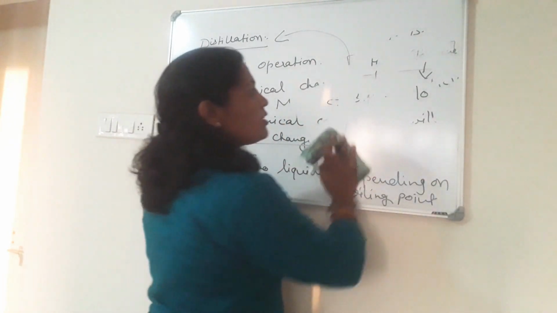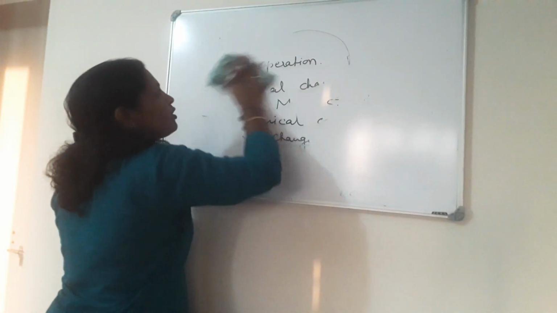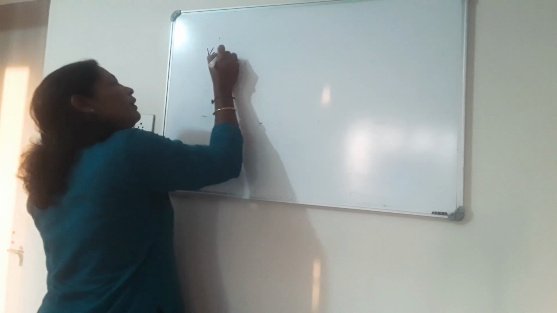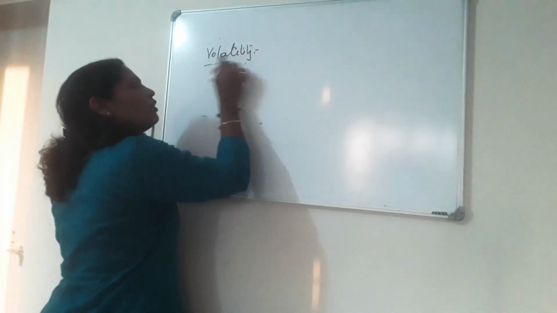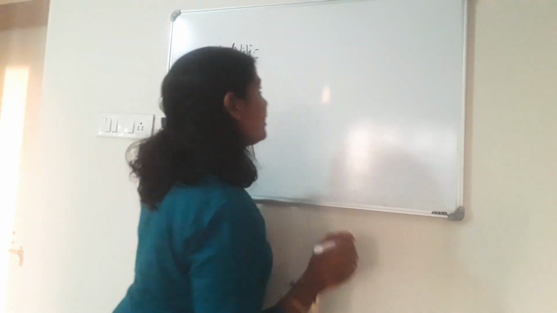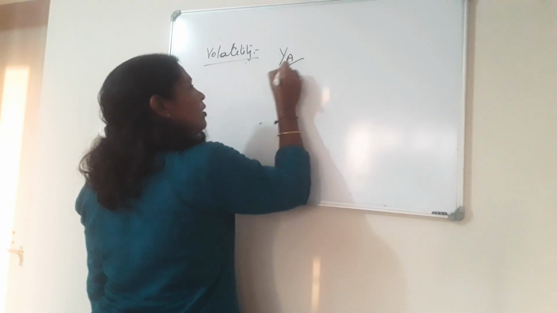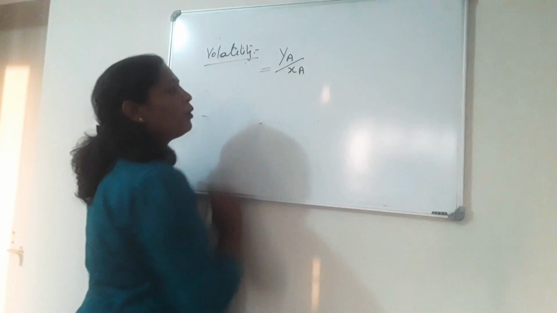Whenever we are considering this distillation, we have to consider relative volatility. For relative volatility, you have to have idea about volatility. What is volatility? Suppose we are talking about volatility of A. In that case, it is the ratio of Ya upon Xa.